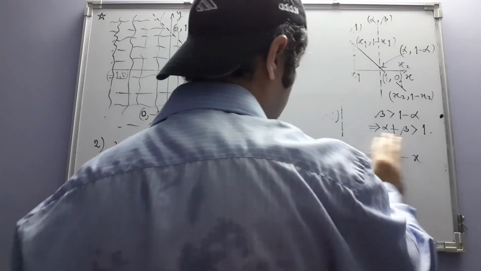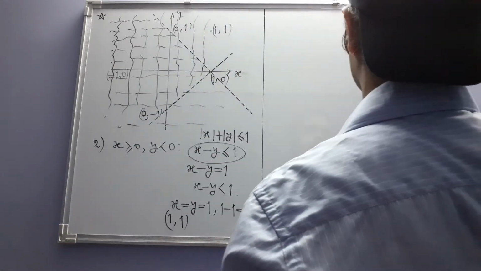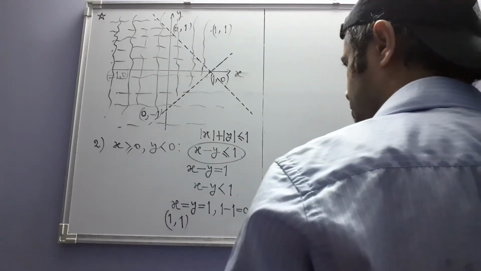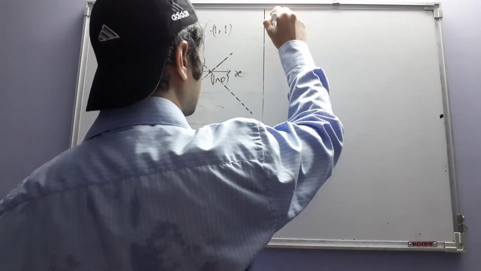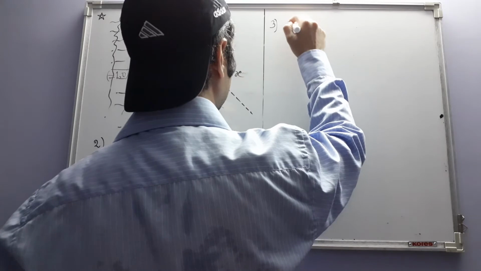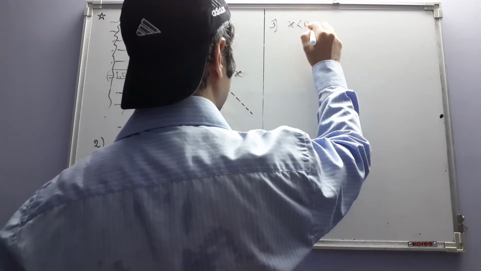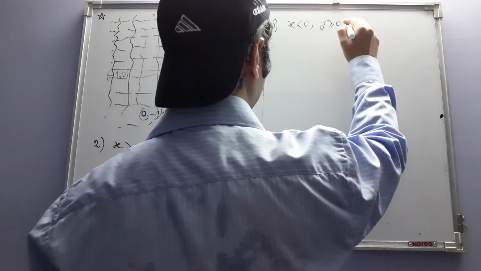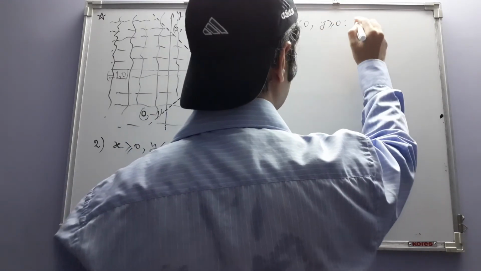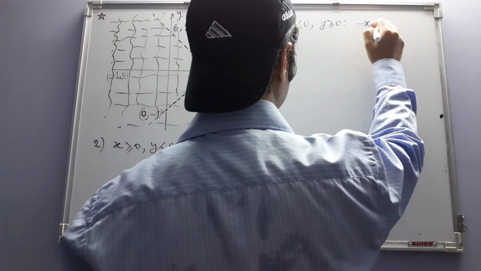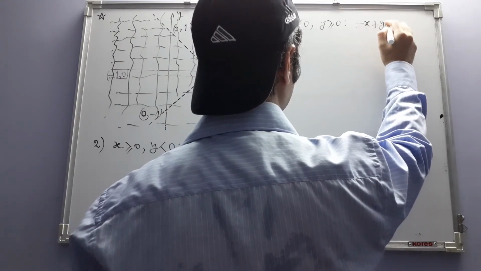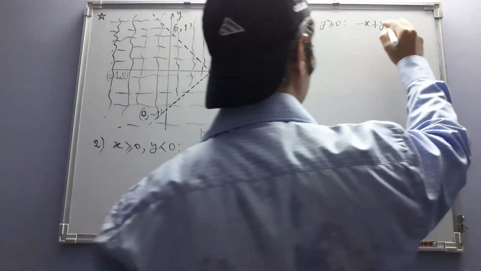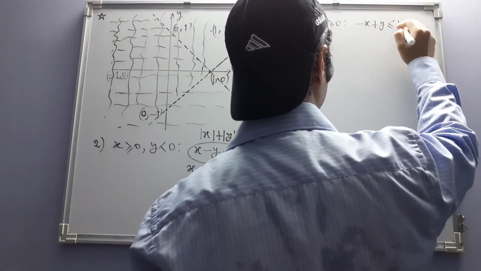Then there are 2 more cases. Case 3 has this situation where x is negative and y is non-negative. In this case, the inequality will reduce to this, less than or equal to 1.